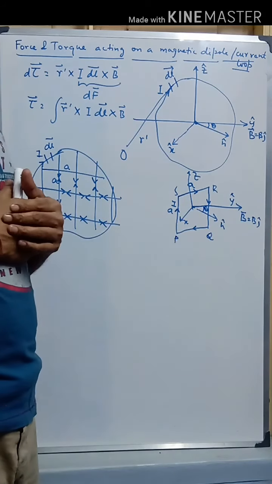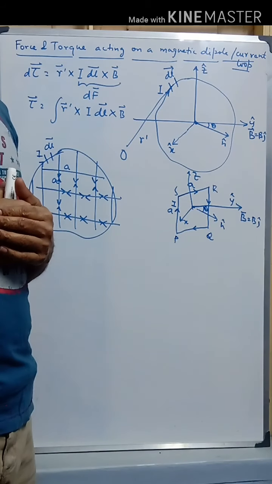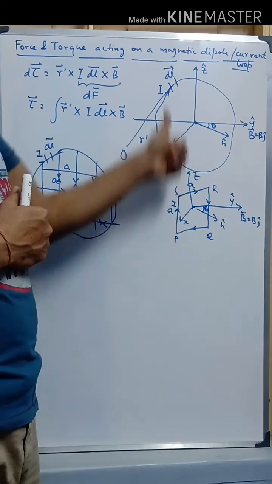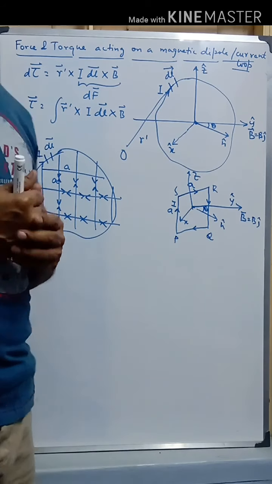The forces acting on the sides PQ and RS are equal and opposite, and they act along the same line, parallel to the z-axis, so they tend to cancel each other.